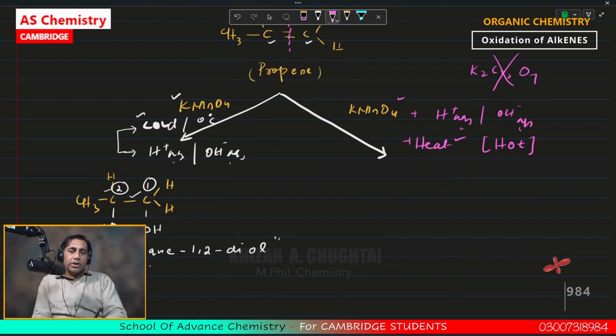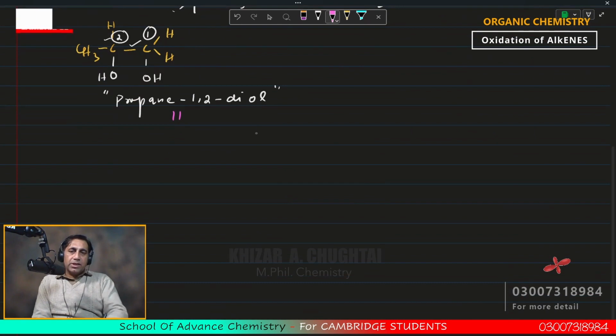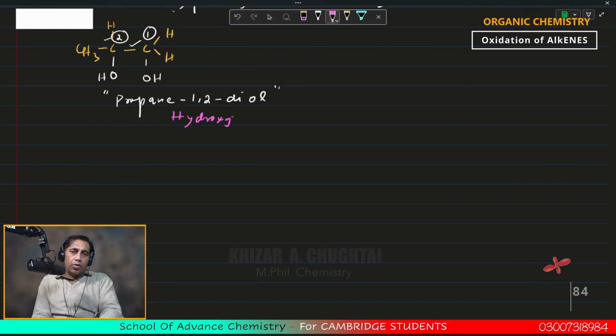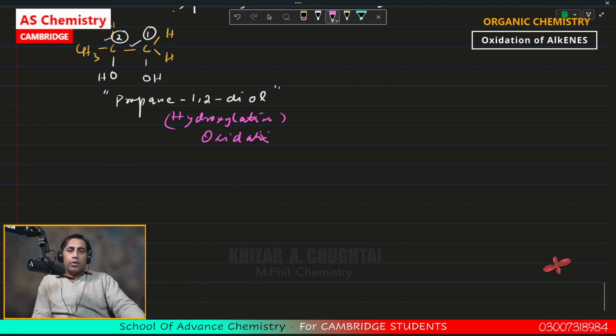This is also said to be hydroxylation. This process is said to be oxidation, or hydroxylation, or oxidation.